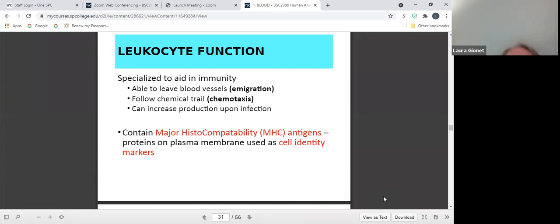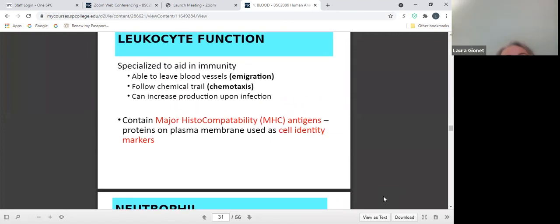As long as I have this chemical compound on the surface of my normal body cells, my white blood cells won't attack them. But if you don't have that major histocompatibility complex on the surface of the cell, that's how your white blood cells know it's a foreign invader, and they start to mount an immune response.